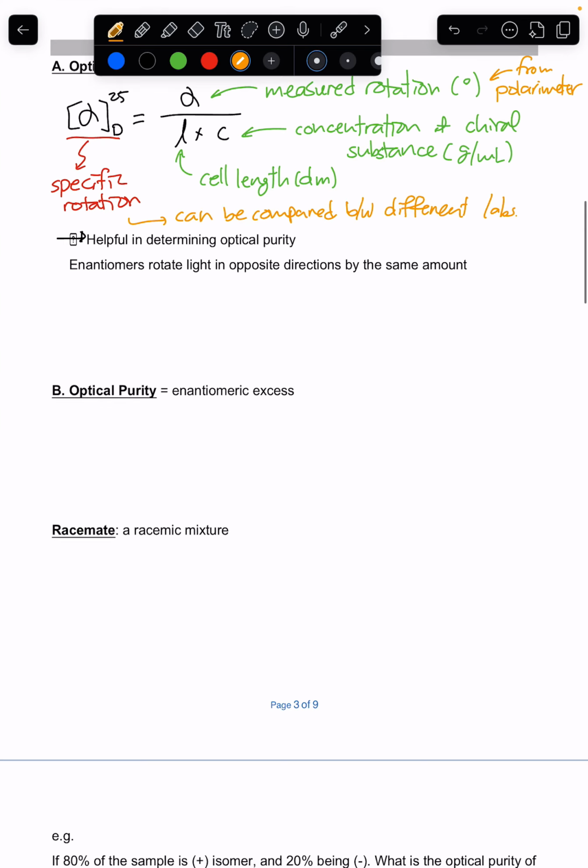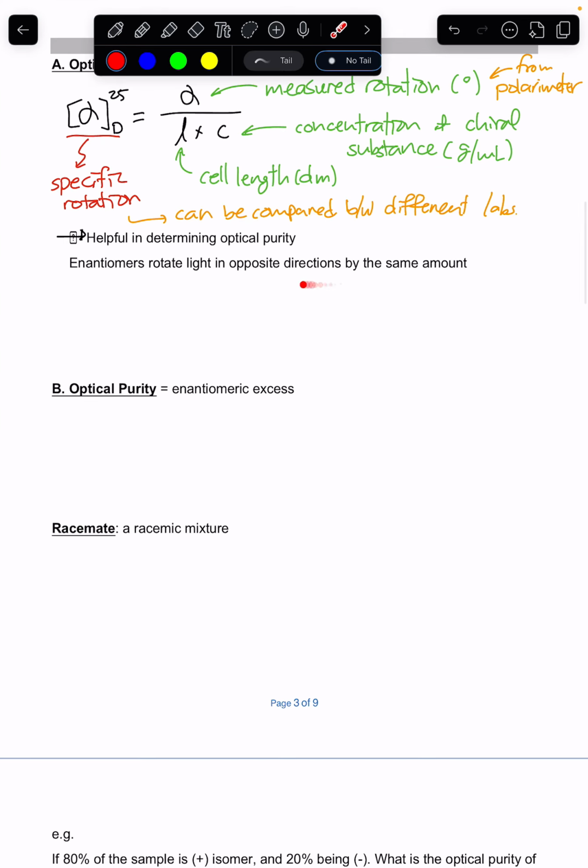Now, I hope this is intuitive to you, that enantiomers rotate the light in the opposite directions by the exact same amount if the concentration is the same, because their handedness is the opposite, right? And we like to have some terminology for those, so we don't have to say right-handed compound or left-handed compound, right?